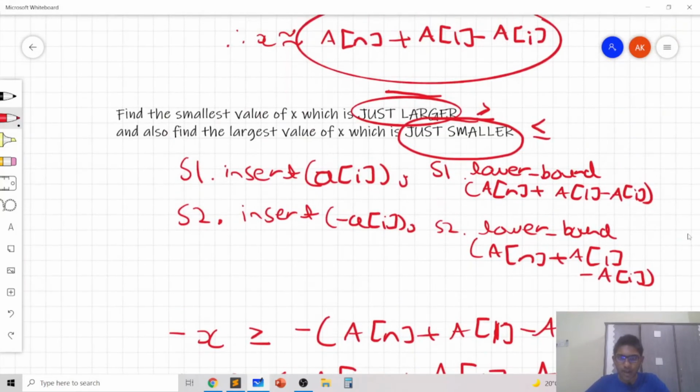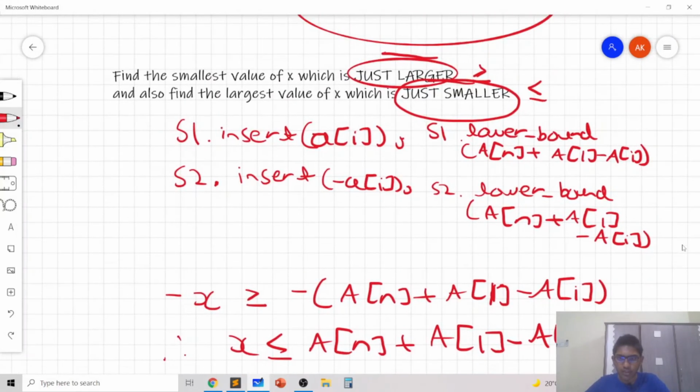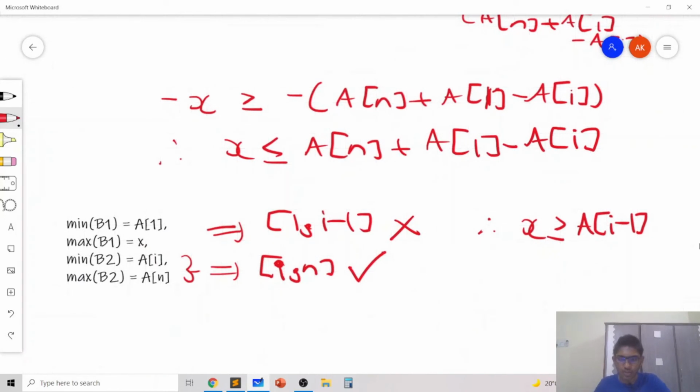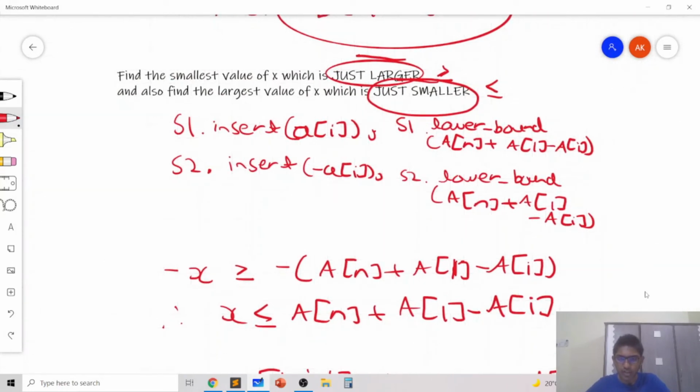So after we compute the lower bounds for the two sets, we'll ensure that x is assigned to be the maximum of x and ai minus 1, and then we can compute the cost, which is just the absolute value of the two differences.